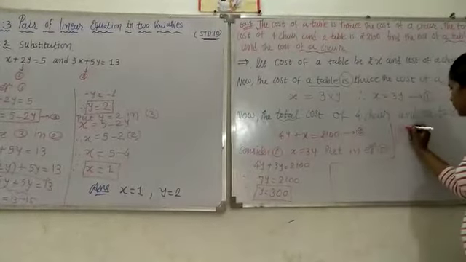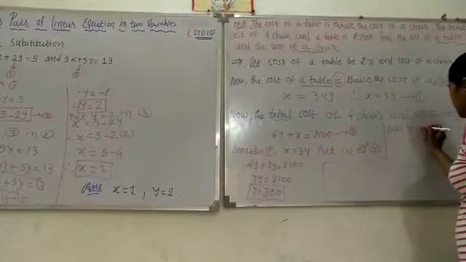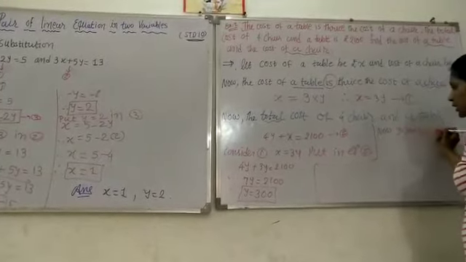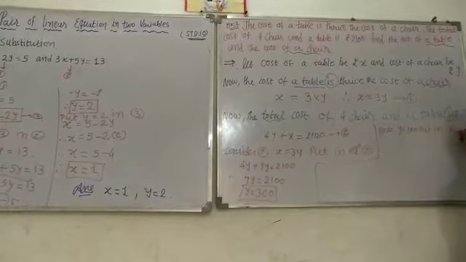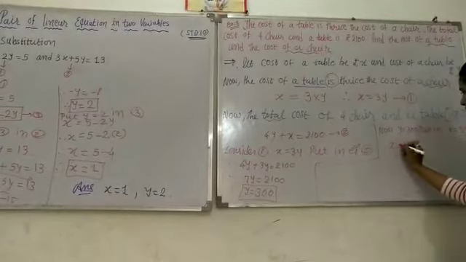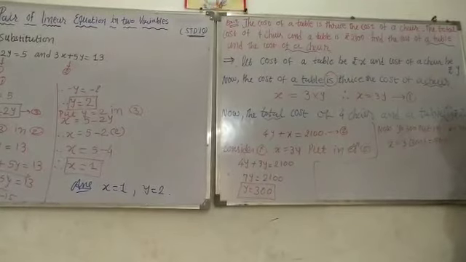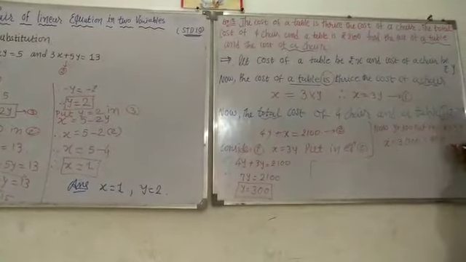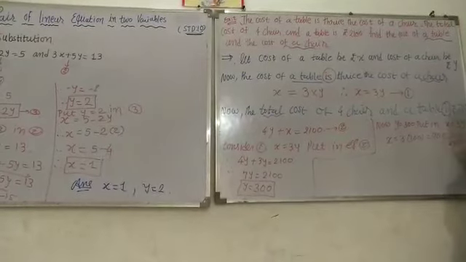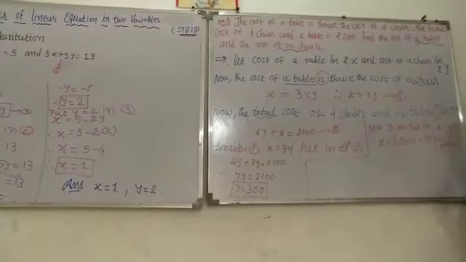So now y is equal to 300. Put in x is equal to 3y. So x is equal to 3 into 300. That means 900.